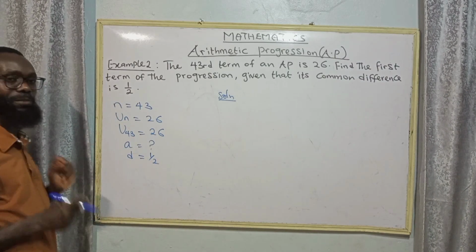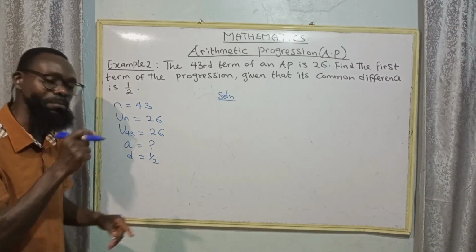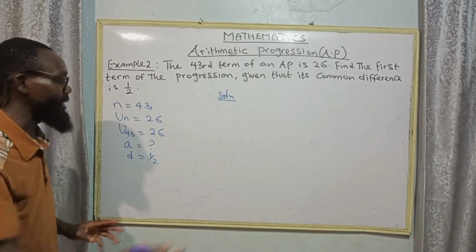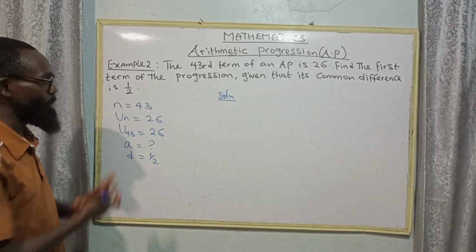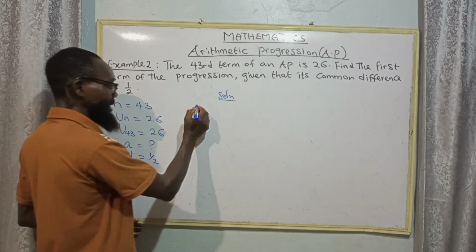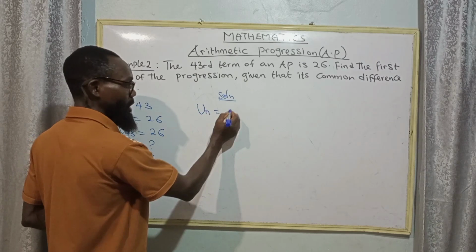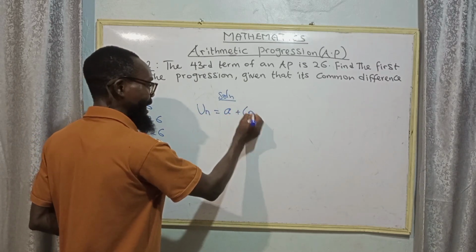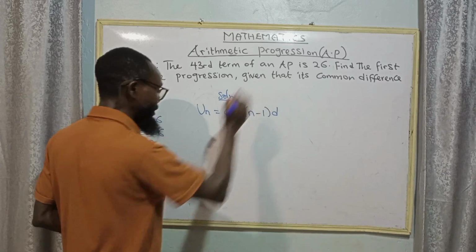Don't forget in mathematics, the word "is" means equals. Now, we know we are dealing with arithmetic progression, AP. The formula for the nth term is Un equals A plus open bracket n minus 1 close bracket D.